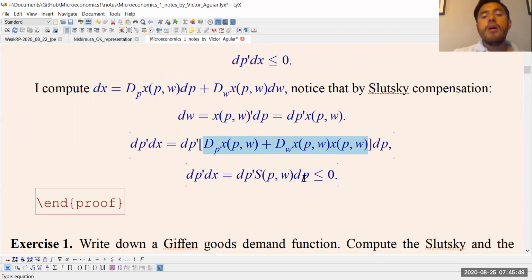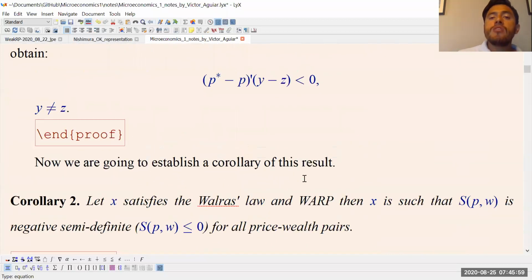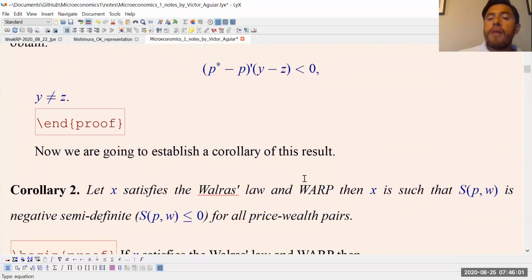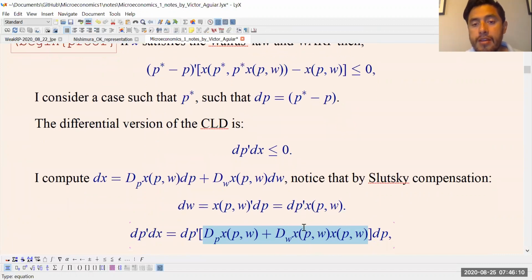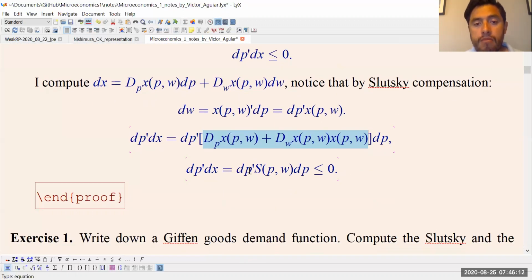So what does it mean? You need again the notion of negative semi-definiteness of a matrix. A matrix is negative semi-definite whenever you multiply this matrix by a vector before and after, as here, dp times the matrix times dp.